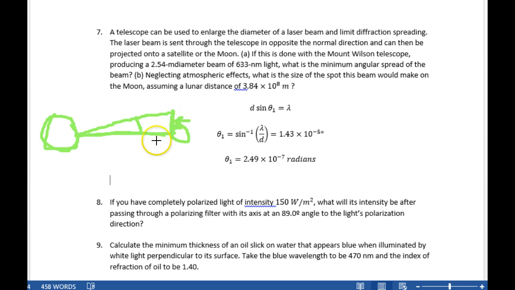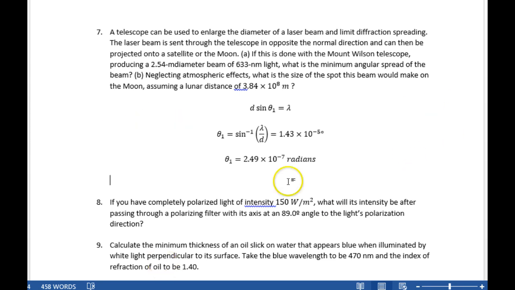If you're looking at the angle theta and trying to draw a triangle to say how big that side is, that edge of the triangle is theta times the distance r out to the moon.